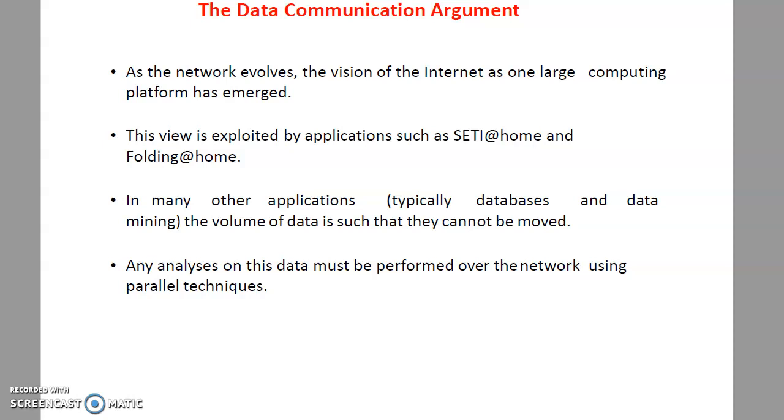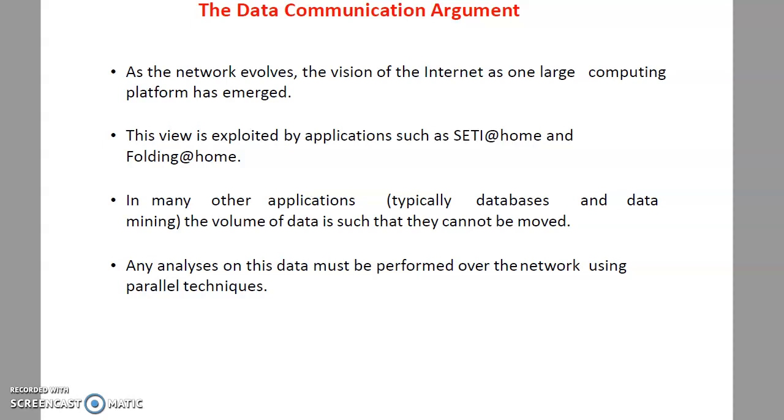This view is exploited by applications such as SETI at home and Folding at home. So there were some applications like SETI at home, which were machines connected on the internet executing like a parallel platform. SETI at home was a parallel computing platform based on the internet, which was searching for extraterrestrials basically.